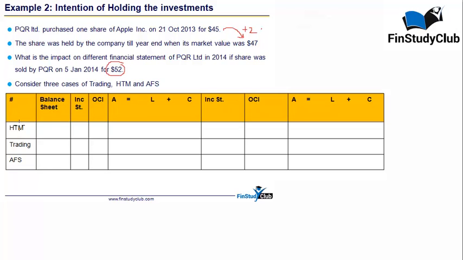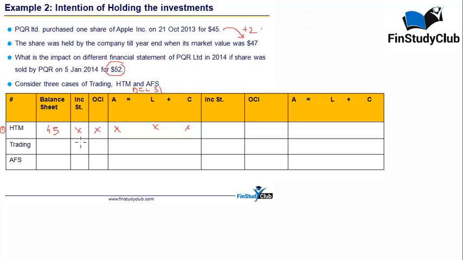as HTM. So let's start with HTM itself, wherein we are saying that the balance sheet valuation at the end of 2013 should be at the original value of 45 without recognizing any asset or liability change. So to speak, on 31st of December there is no news for held to maturity.